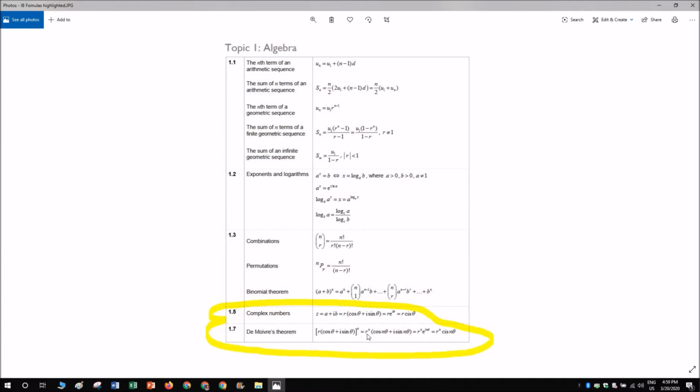And so I get r to the n times the quantity cosine of n theta plus i times the sine of n theta. And so this is what we're going to want to use as we try to evaluate w squared and w cubed.